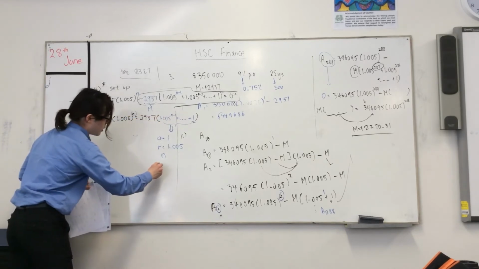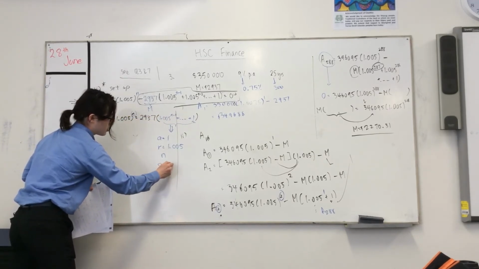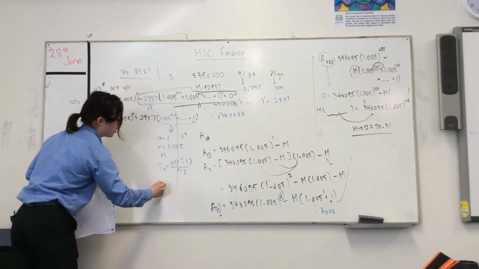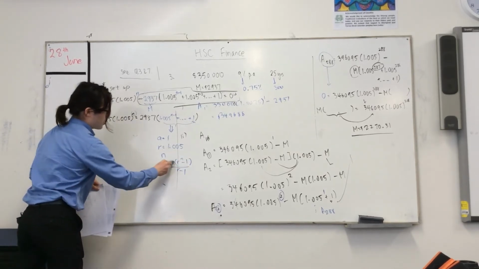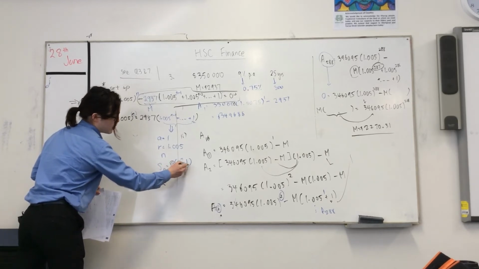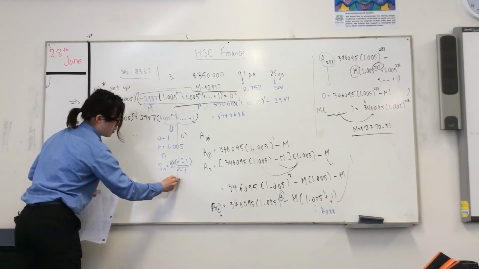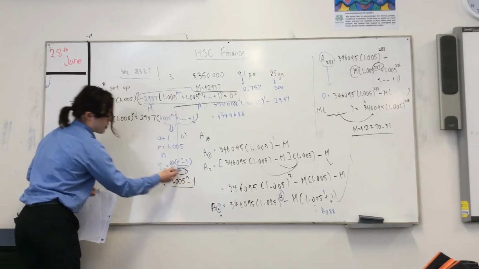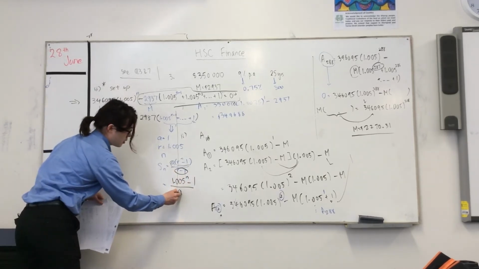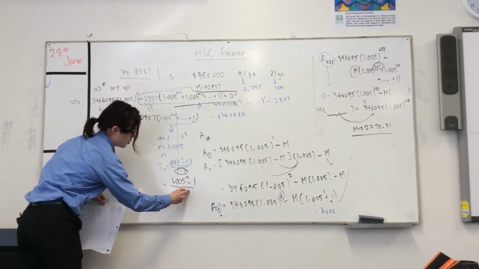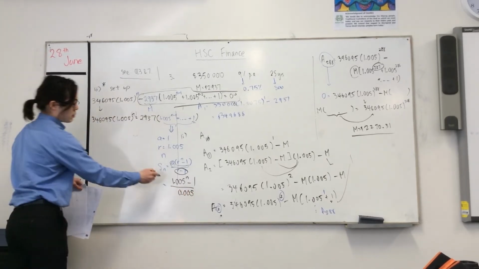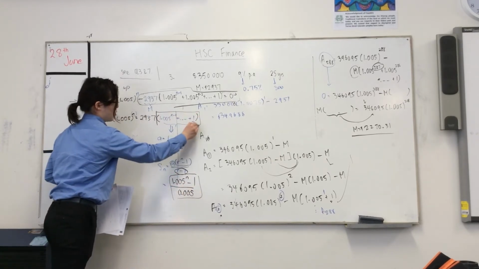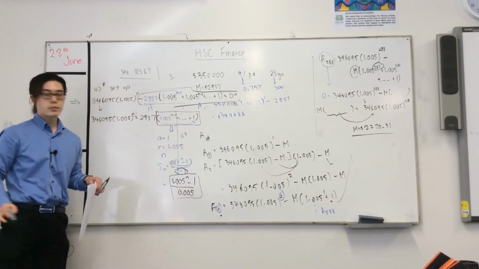So if I plug it into our formula, Sn equals a(r^n minus 1) over r minus 1. My a is just 1, so I can ignore that. This one take away 1, 0.005. So this is the value of this. You with me?